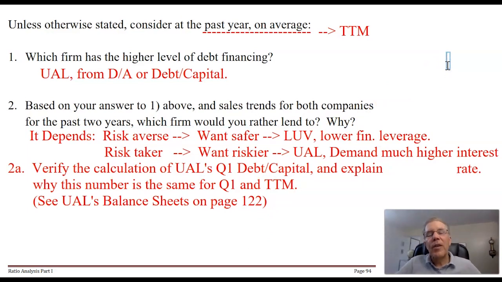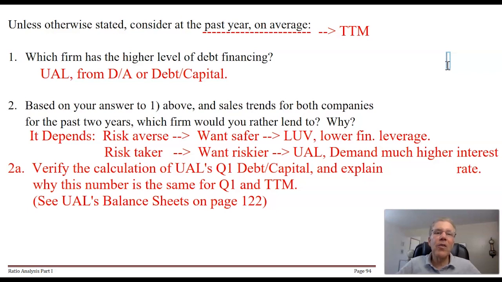Just imagine if you are Bank of China for a second and both of these companies come to you in the middle of the Great Recession looking to get a loan. Well, Southwest is a very conservatively run company. It doesn't have a lot of risk of bankruptcy, so you give it a fairly low interest rate.